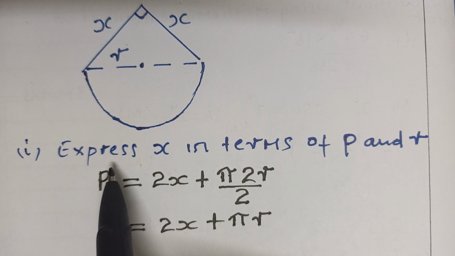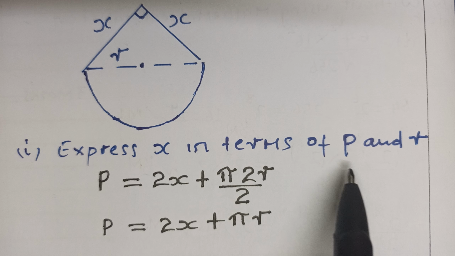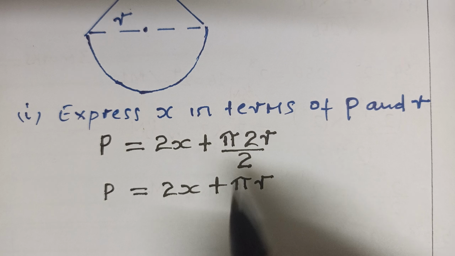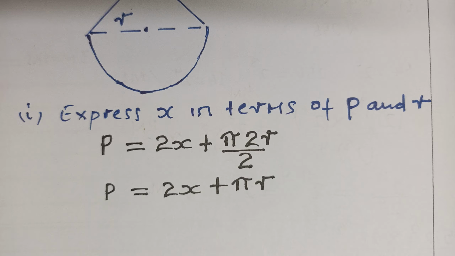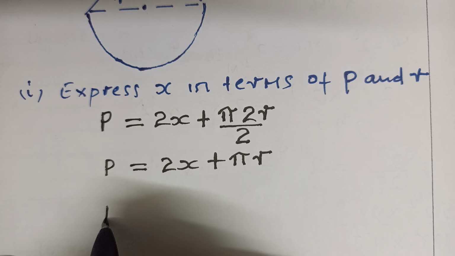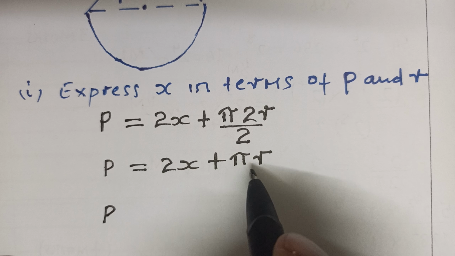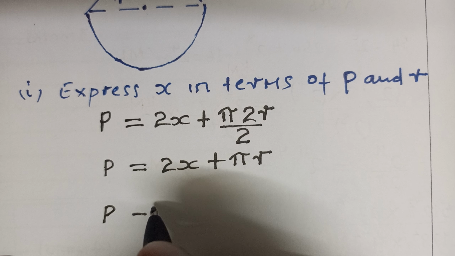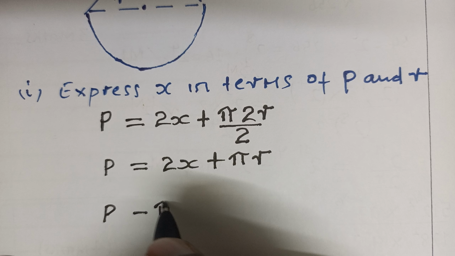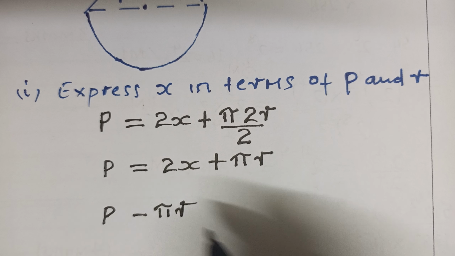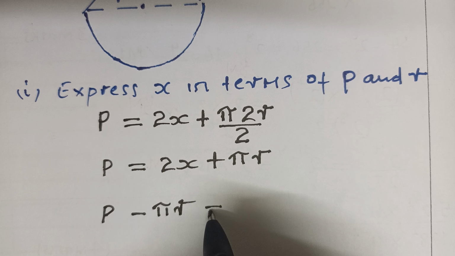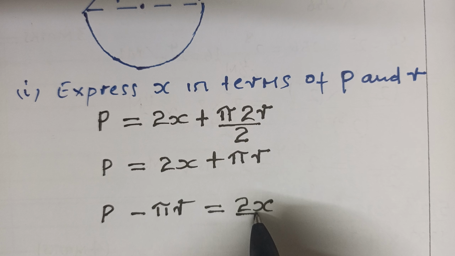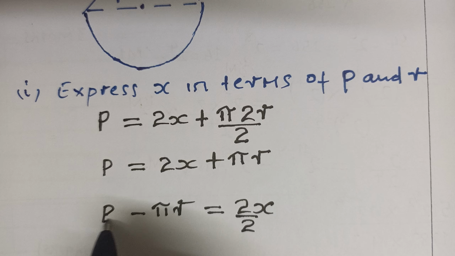The question states express x in terms of p and r. Now we make x the subject of the formula. And so therefore, we can now bring p here and bring this pi r to the other side, which comes now to p minus pi r. This is now equal to 2x, and finally we divide here by 2, divide here by 2.